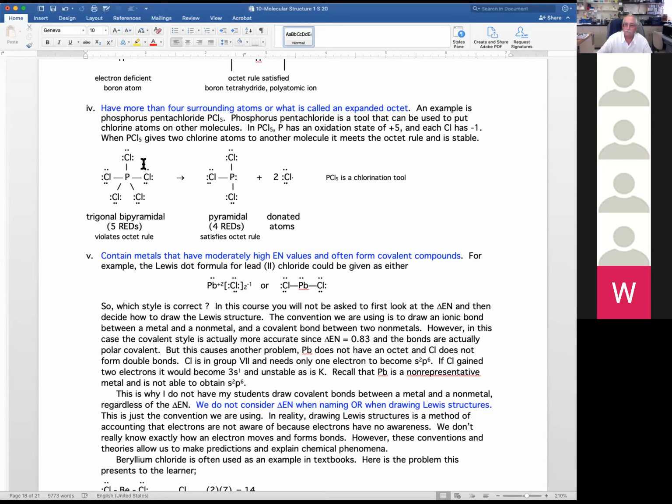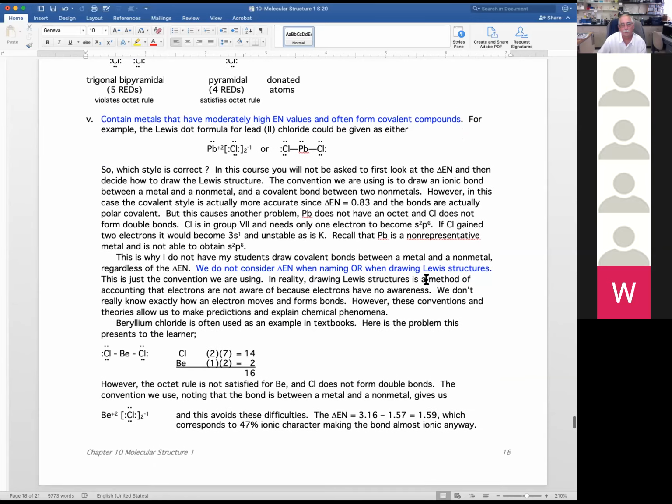So you're not going to find it floating around outside your apartment. But if you make it and you keep it away from other stuff, it will last a very long time. It's not stable, but we use it to put chlorine atoms on other molecules. That's what it's for. Again, you're not responsible for these exceptions.